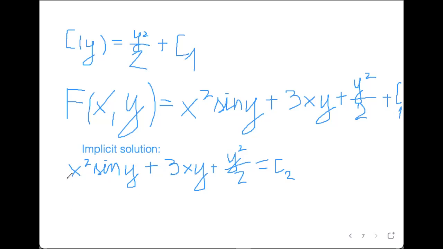But we can solve it for x as a function of y. So let's write the explicit solution, x as a function of y.